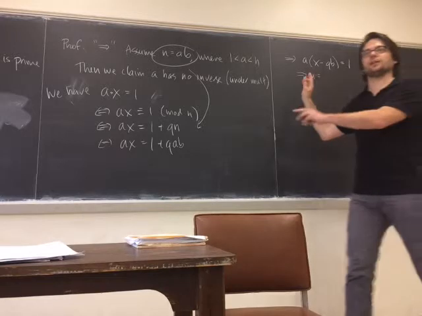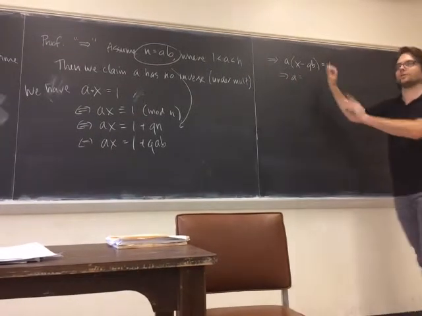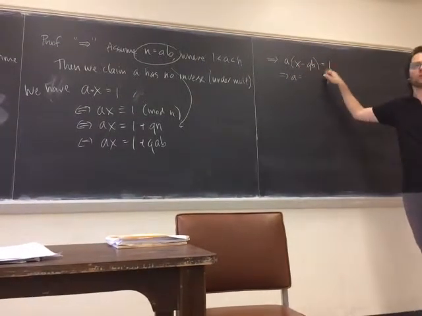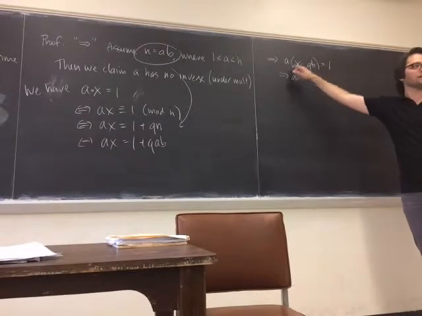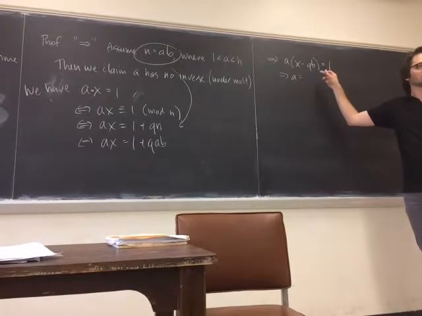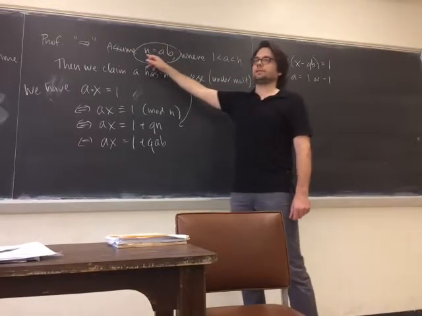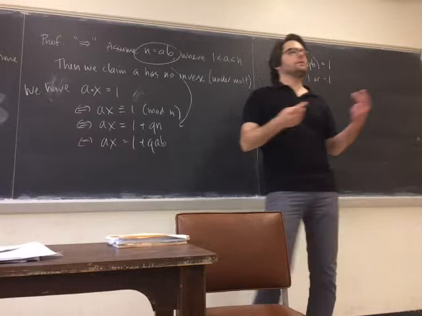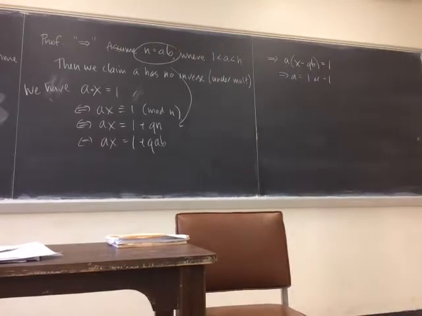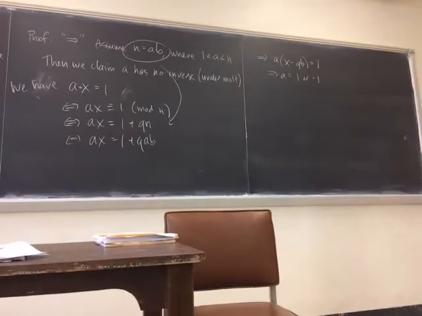These are just straight up integers. If I have an integer times an integer is 1, it can't be 5 times an integer is 1. It has to be 1 or minus 1. And that's a contradiction. So in fact, n could not be factored as a times b; n is not composite.